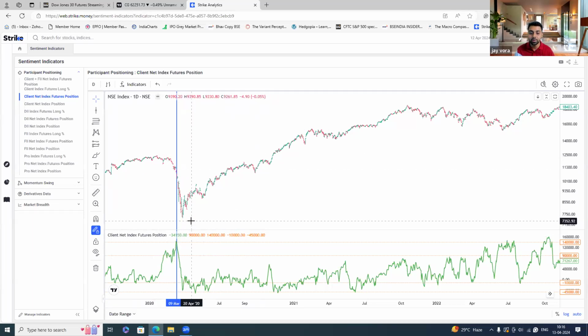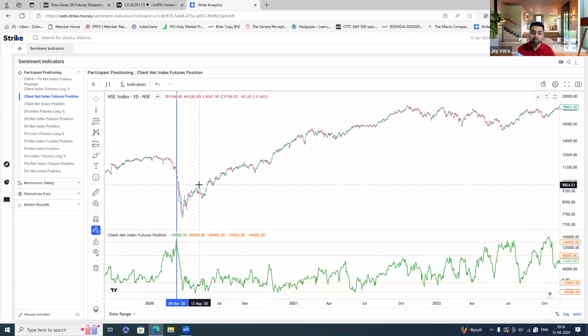That means people were not really participating much, and that's why we weren't getting that accurate picture. But at this point, you can see that when their position reached minus 10 to minus 40,000 kind of levels in the futures, there was data which was not in sync.